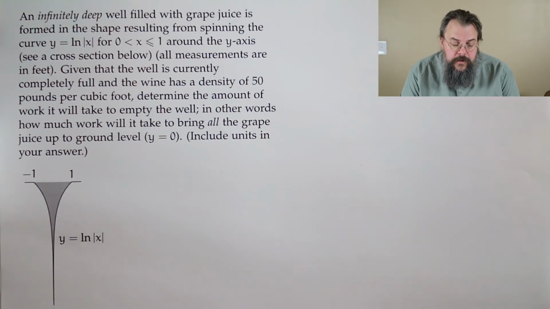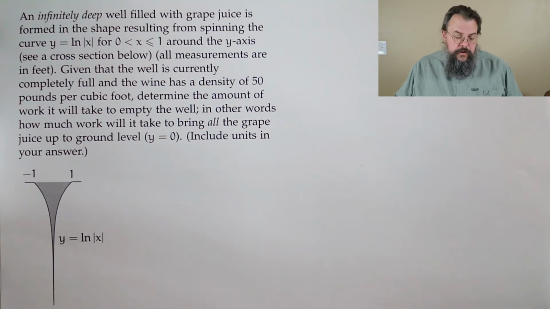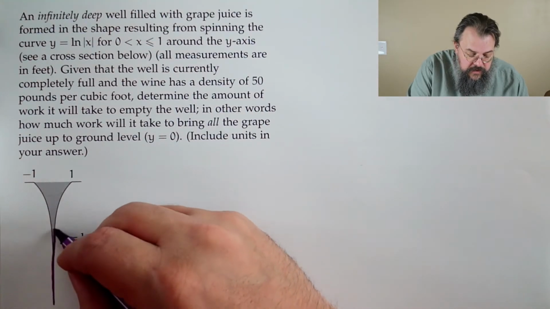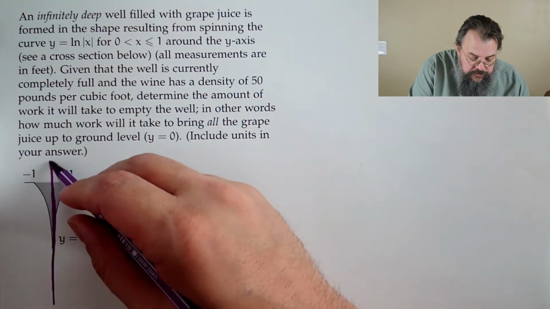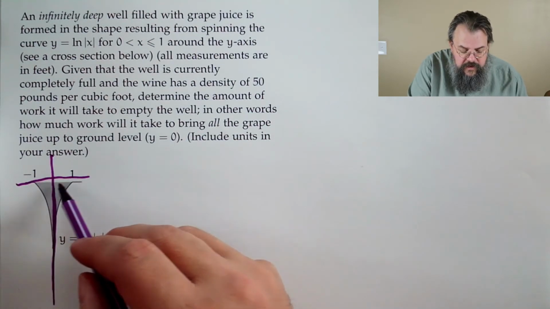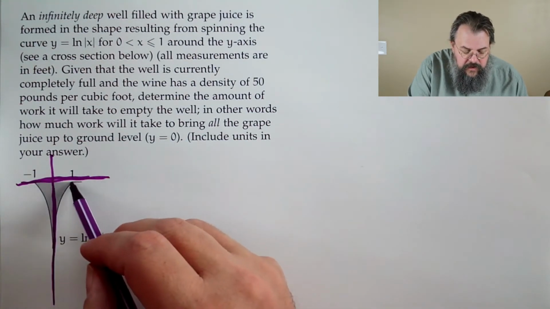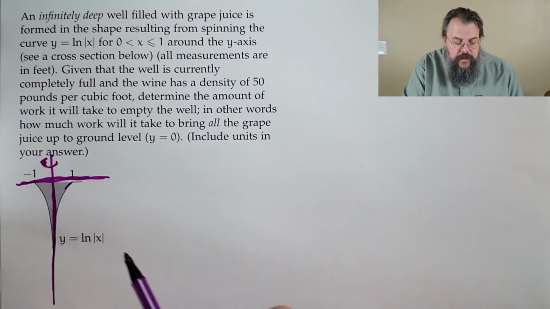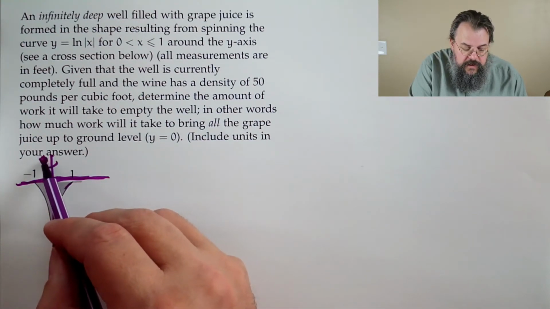Okay, wow, what a shape here. All right, so what do you have? What's not drawn here is the y-axis. So this is the y-axis here. And here's the x-axis. And so we're taking this shape and we're spinning.